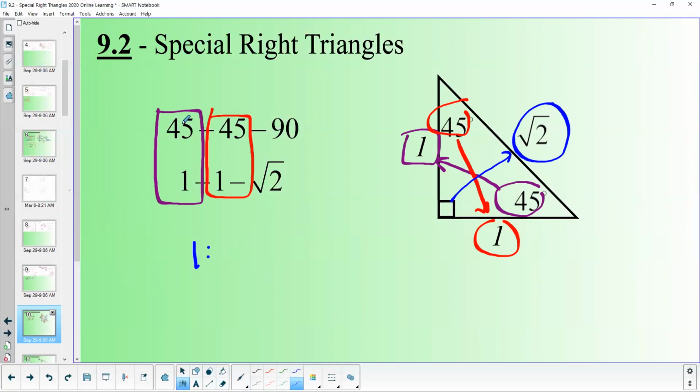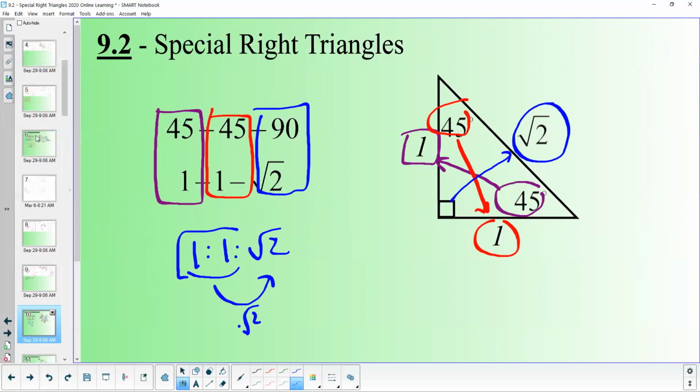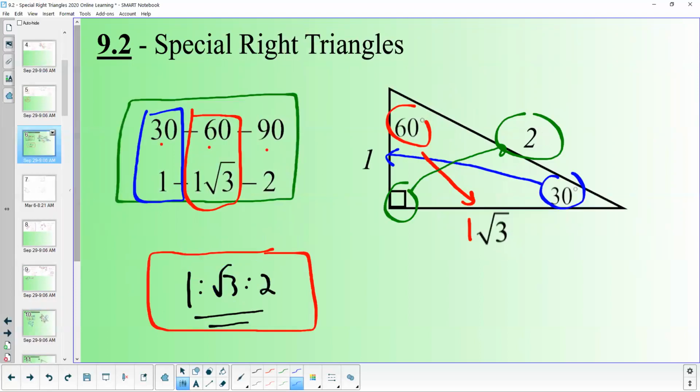So this says in a 45, 45, 90 triangle, the ratio of the three sides is 1 to 1 to root 2. So these two sides are the same, and the length of the hypotenuse is always whatever these are multiplied by root 2. So in video 3, we will use this relationship, the 45, 45, 90, and the 30, 60, 90, and we'll walk through some examples to see how we use those.